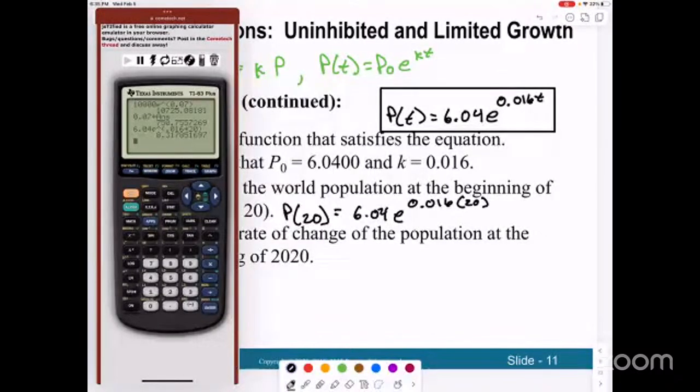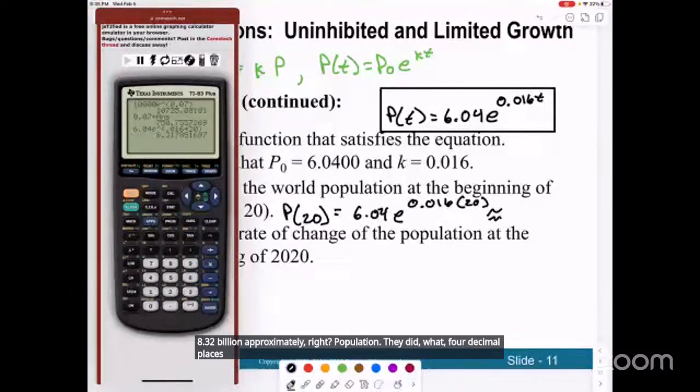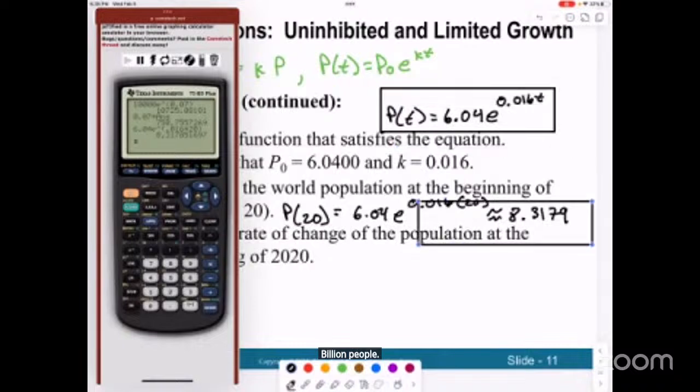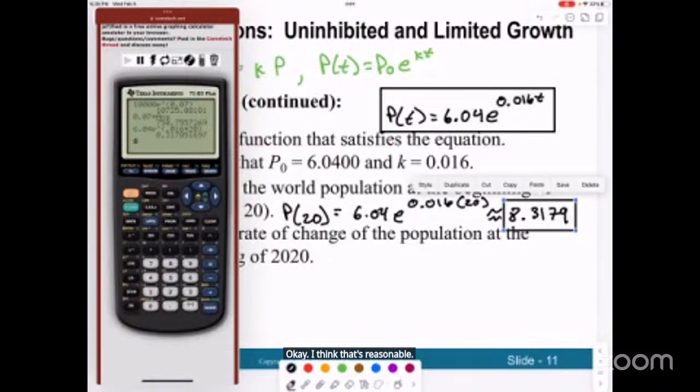Population, they did what, 4 decimal places? 8.793179. That's just the 4 decimal places duplicated. Billion people. Okay. I think that's reasonable for part B.